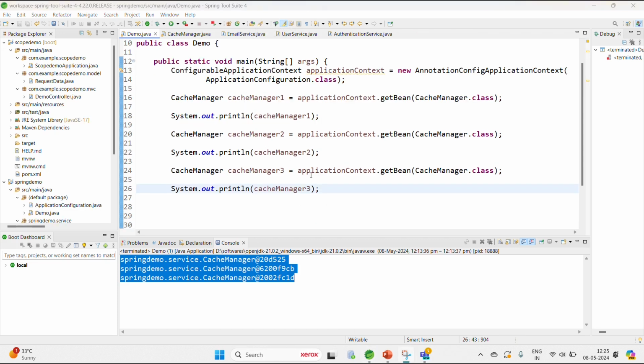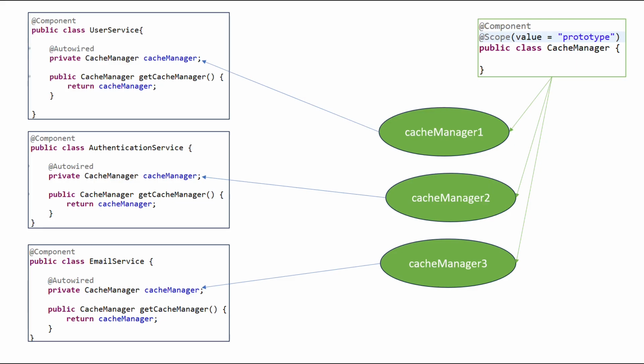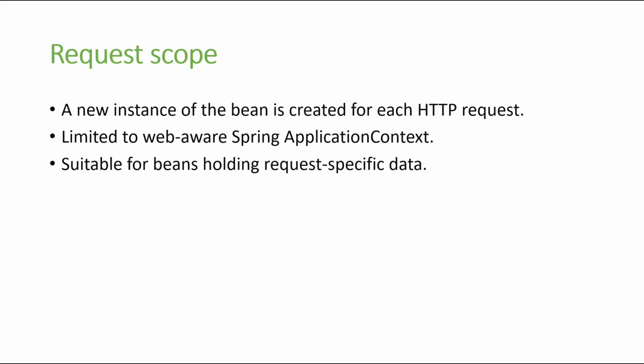So now the next scope we will understand. We are done with singleton and prototype. The next one is request scope. The scopes we learned, singleton and prototype, work with standalone Java applications and also web applications.